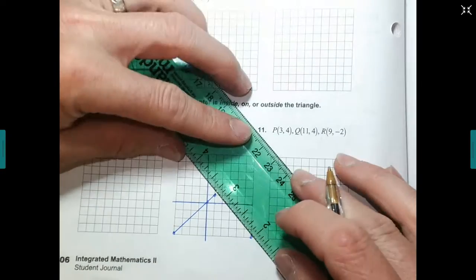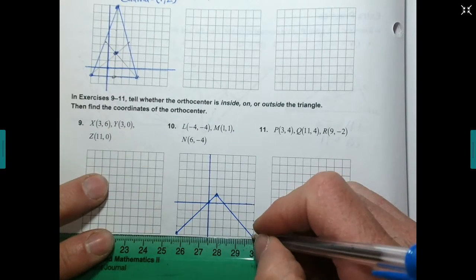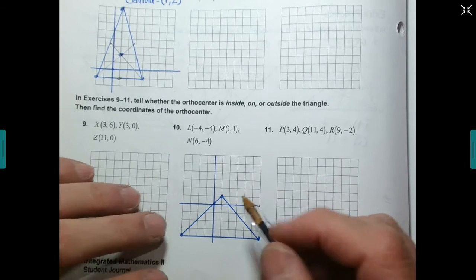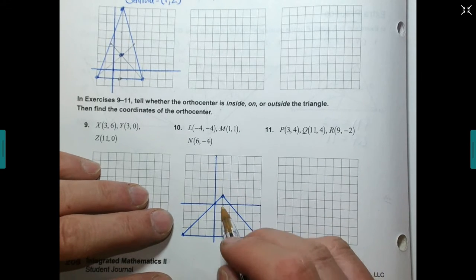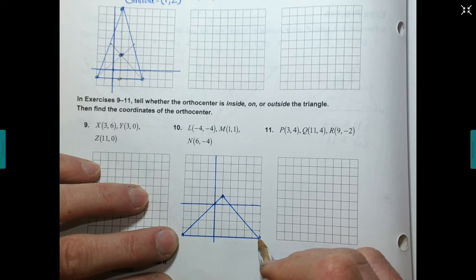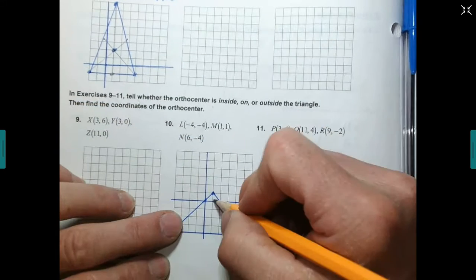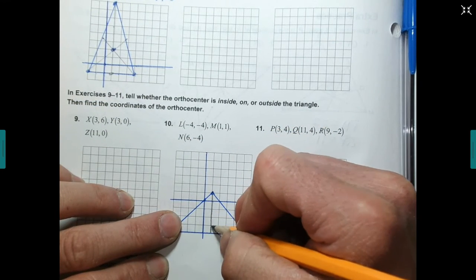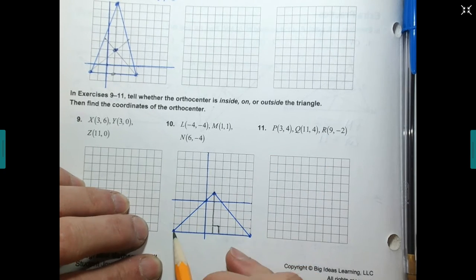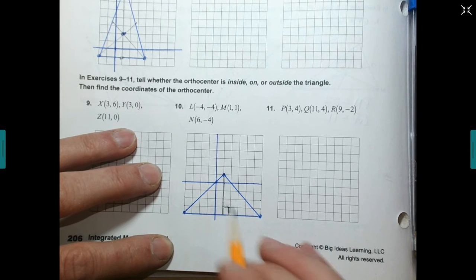So for this one, we are looking for the orthocenter. And the orthocenter requires perpendicular lines going to the opposite side. Well, this one's nice because this horizontal line, there's my altitude. Right there. Now this one, going back to slopes, you have to remember what a perpendicular slope is.